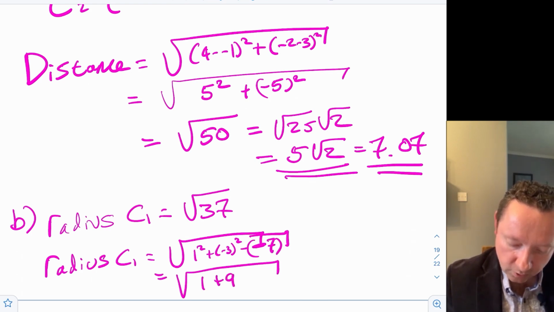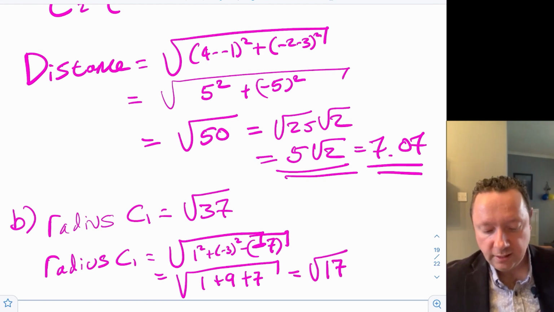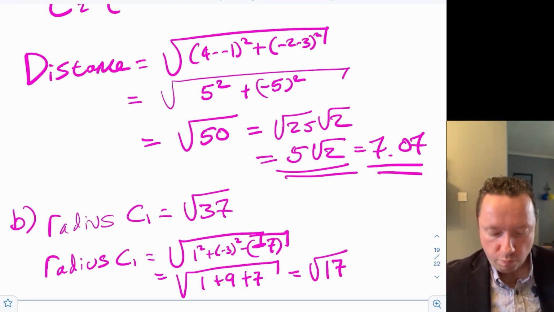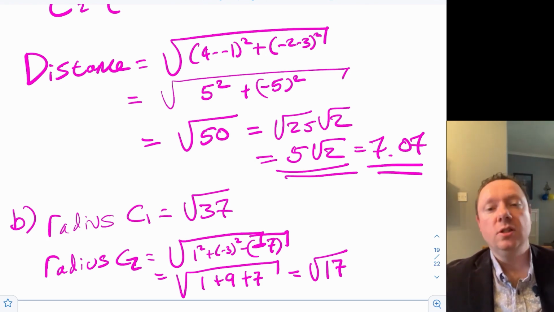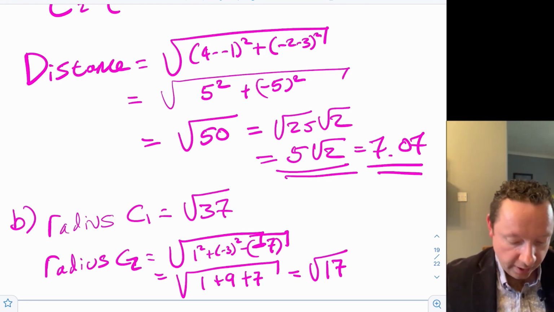Minus minus 7 is plus 7. And 9 plus 1 is 10, plus 7 is root 17. So the radius of C2 is just root 17, and we've got root 37 for C1.